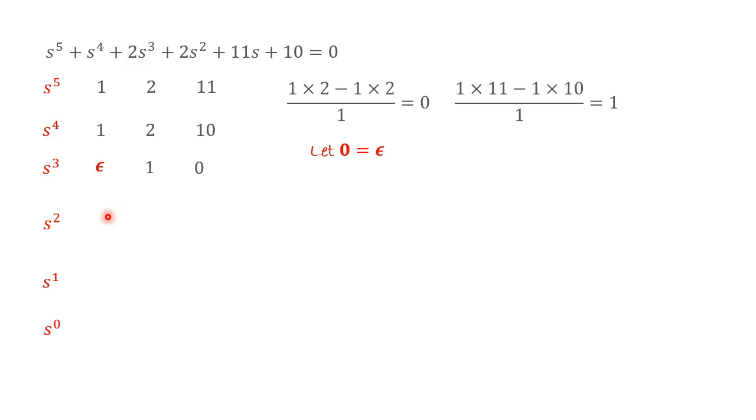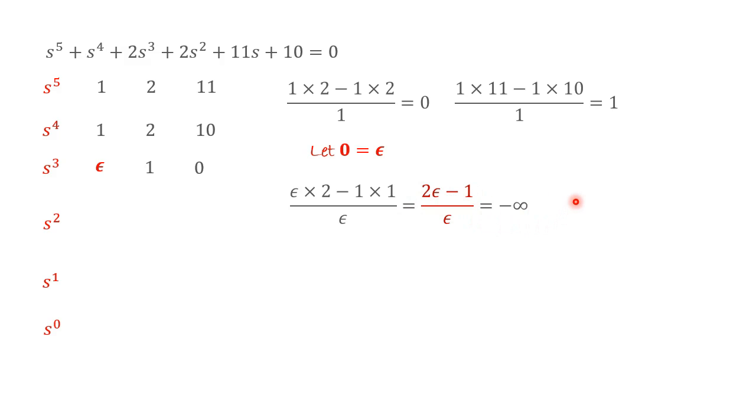Now we are going to calculate the next value in a similar way, and that is 2 into epsilon minus 1 upon epsilon. Let's put in the value here: epsilon is 0, so it becomes 0 minus 1, so it is minus 1 upon 0.